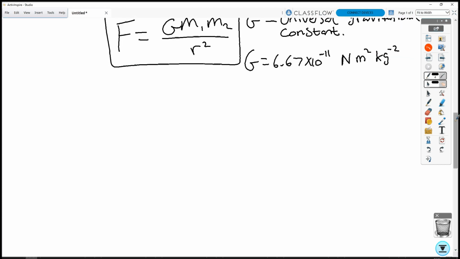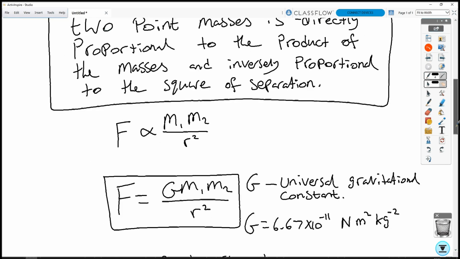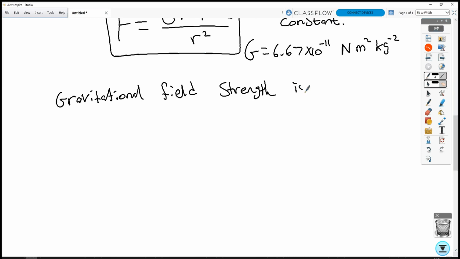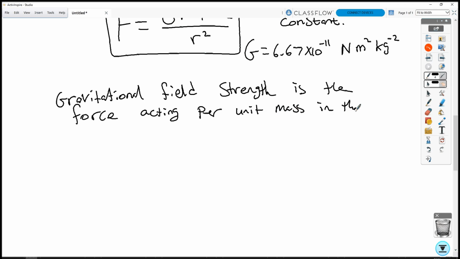So the gravitational field strength is the force acting per unit mass in that gravitational field.